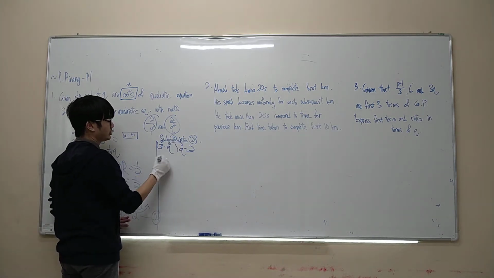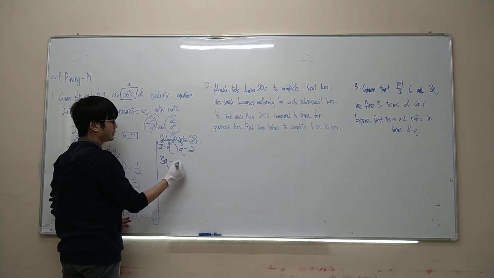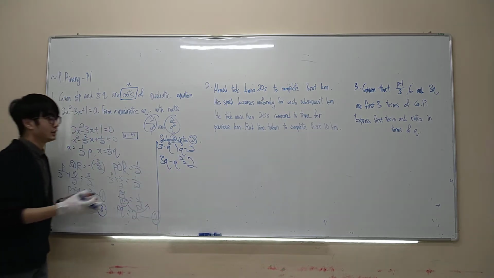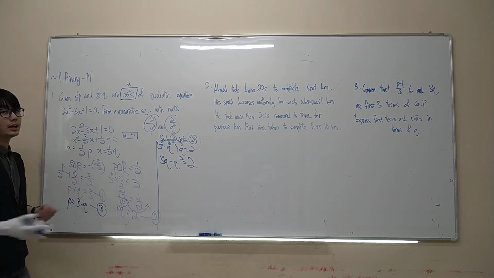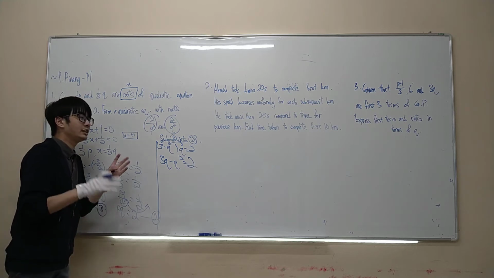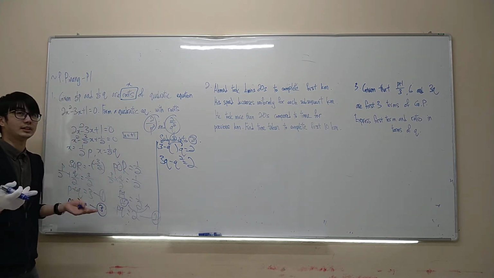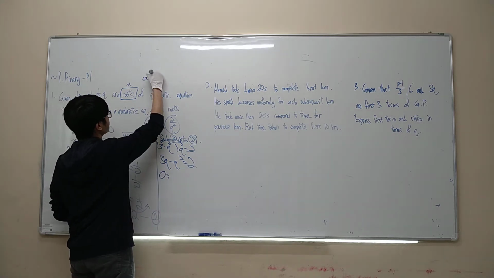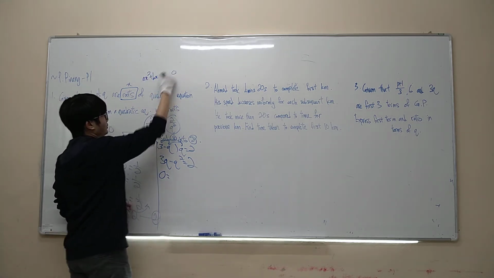Expand. So what's q times 3? 3q. What's q times negative q? Negative q squared equals to 2. I can see that this is a quadratic equation. So quadratic equation means how many answers will I get? 2, right? Possibly 2 answers. So I need to change it to general form and factorize. So what is general form? General form is ax squared plus bx plus c equals to 0.